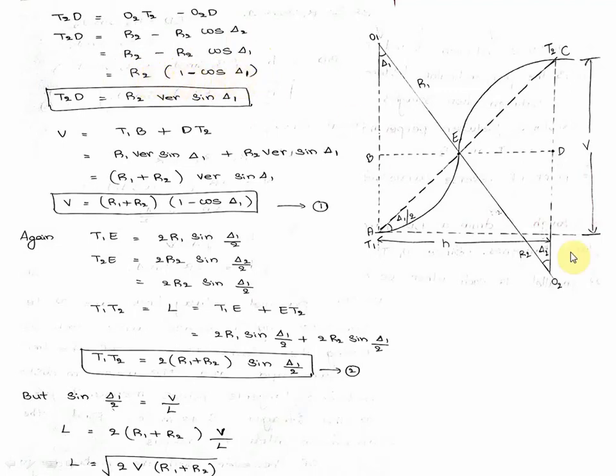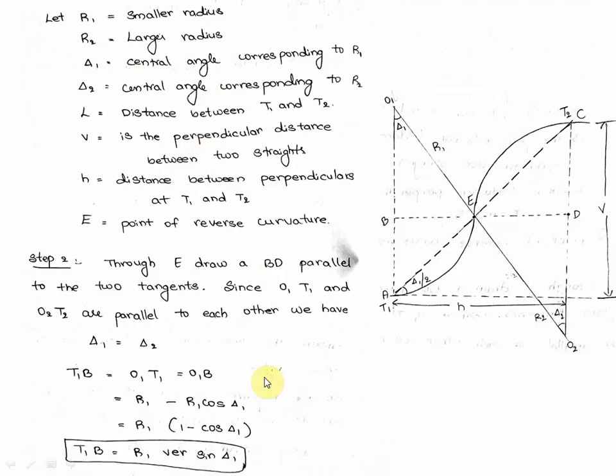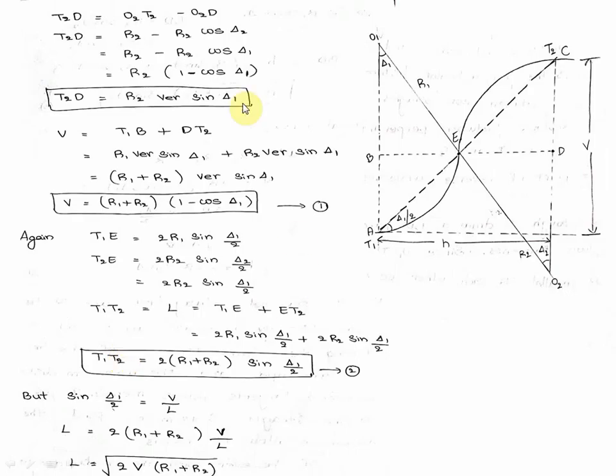Don't get confused. We have taken the first equation, delta 1 equal to delta 2, that's why right here instead of delta 2 you can write delta 1.